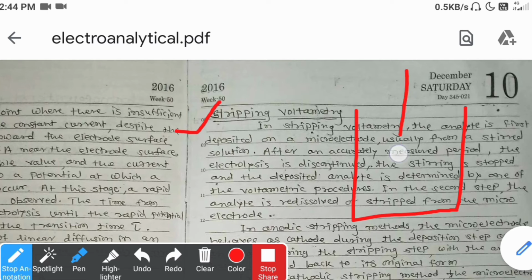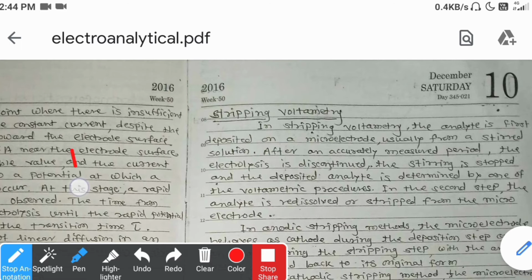One microelectrode is inserted into that solution, and the analyte present in the sample solution has a very low concentration. Due to the low concentration, it is quite difficult to analyze that sample with accuracy. During polarography, we have seen that the limit for the analysis is about 10 raised to minus 6 to 10 raised to minus 7 molar. So this much limit only we can determine in the polarographic technique.